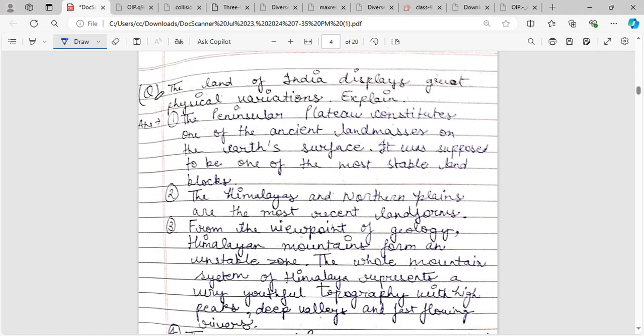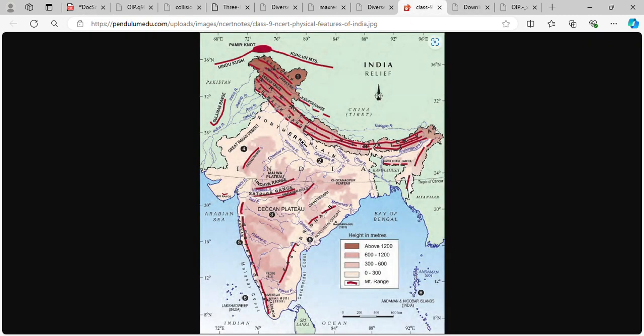Now the next question: the land of India displays great physical variations. Explain. So here we have to explain the physical variations of the land of India. First, the peninsular plateau. Let's see what the peninsular plateau is. Hope you can see this map. Here the peninsular plateau forms this type of triangular mass.